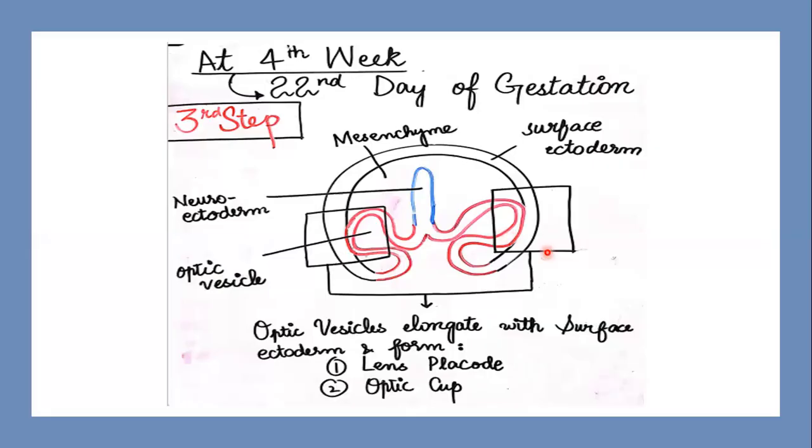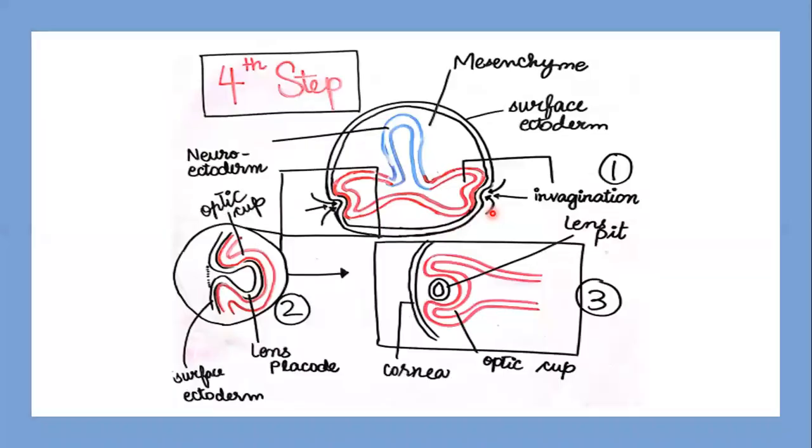Now in the fourth step, you can see over here there is an invagination. After being connected to the surface ectoderm, there will be an invagination of the surface ectoderm into the optic vesicle. Over here you can see it moving in an inward direction. So when it invaginates, the optic vesicle also invaginates.